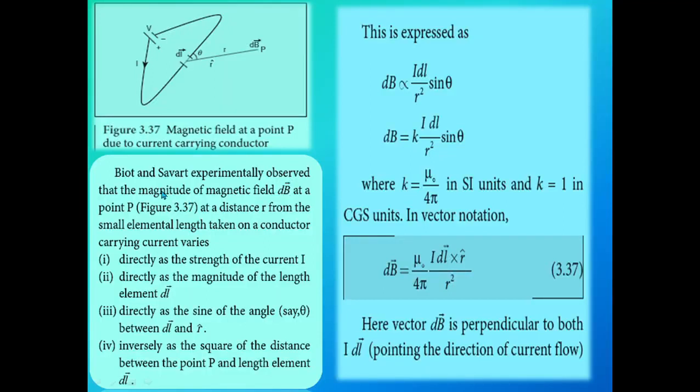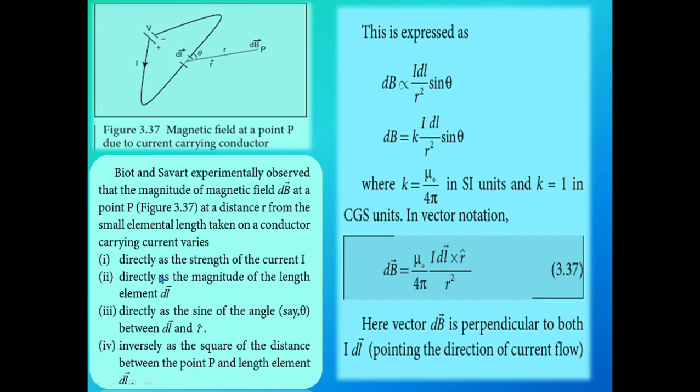Here, Biot and Savart experimentally observed that the magnitude of the field dB vector at a point P at a distance r from a small elemental length taken on a conductor carrying current varies. So this is the statement of Biot-Savart law.